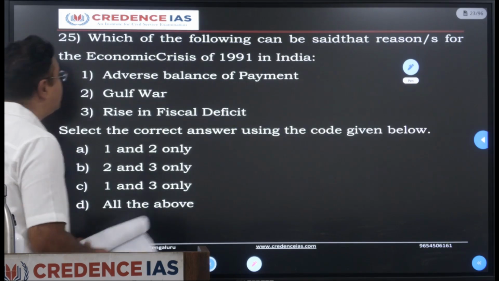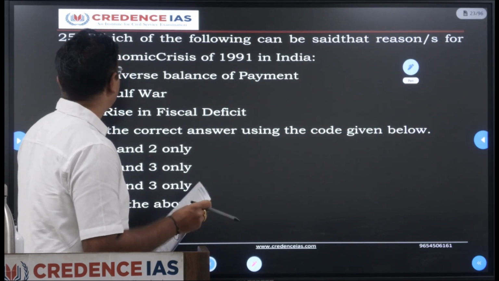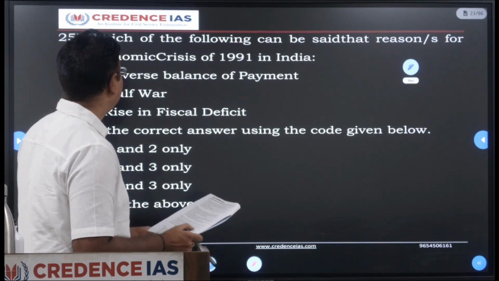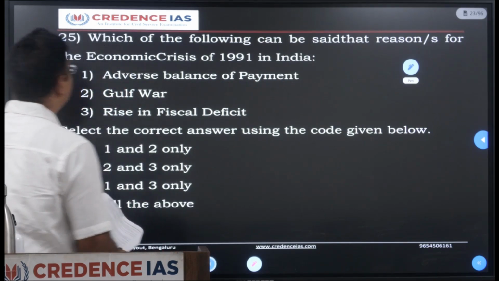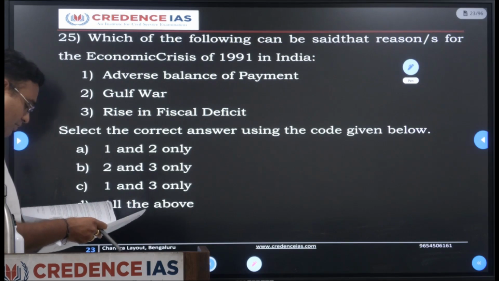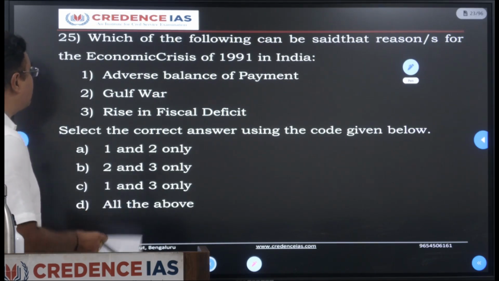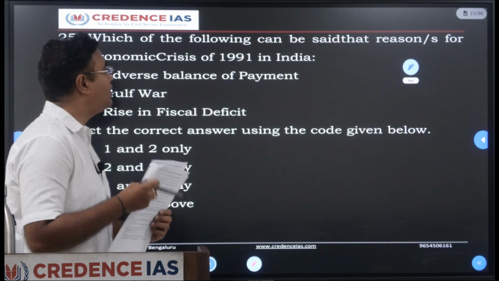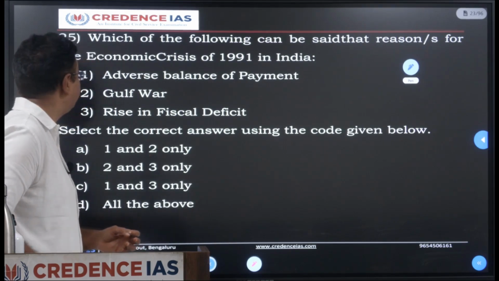Moving on to the next aspect: which of the following can be said to be the reasons for the economic crisis of 1991? First is the adverse balance of payment, definitely. It was the major cause for our BOP crisis, the economic crisis in 1991.